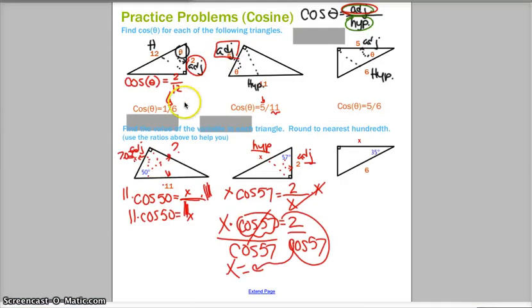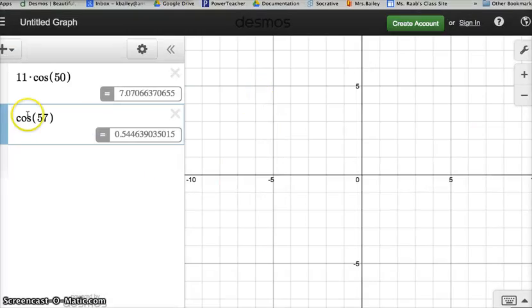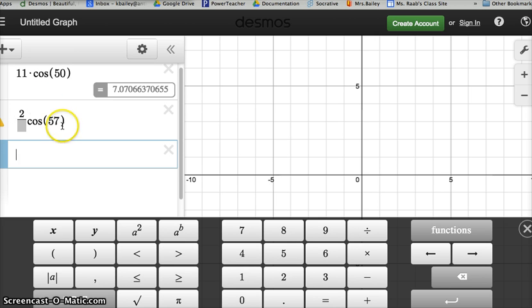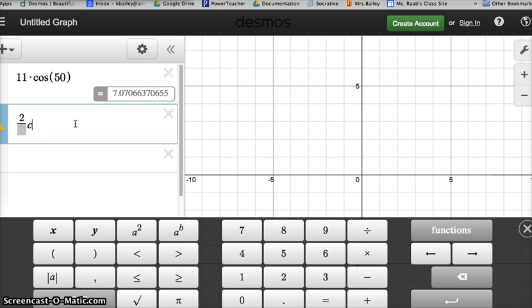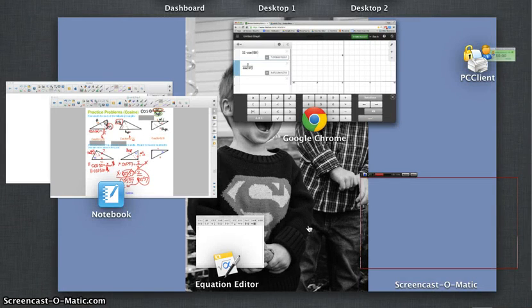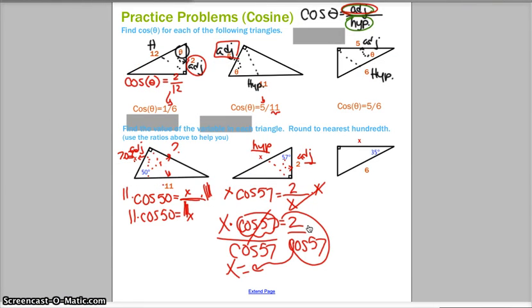So 2 divided by the cosine of 57, I got to get that down in the bottom, ends up equaling 3.67, rounded to the nearest hundredth. So this length here is 3.67.